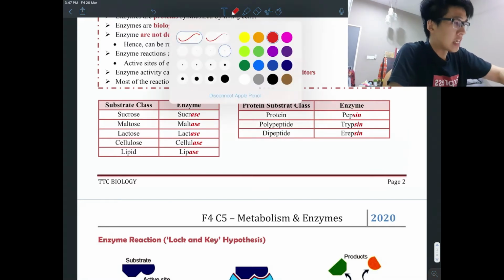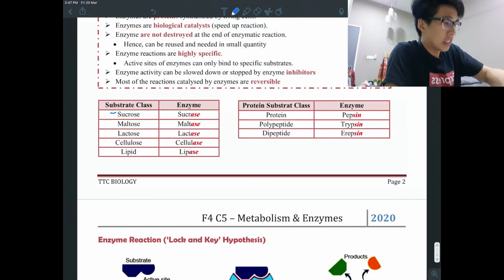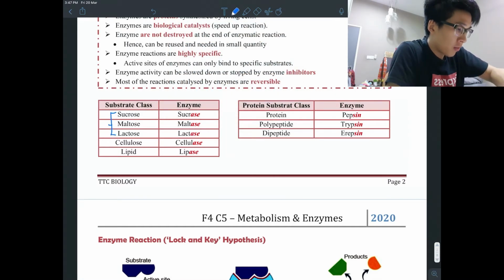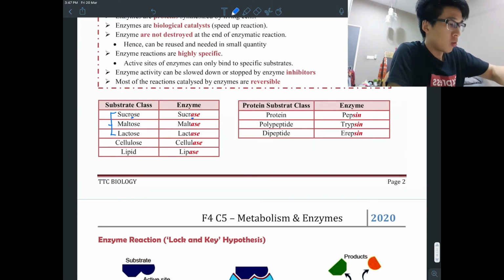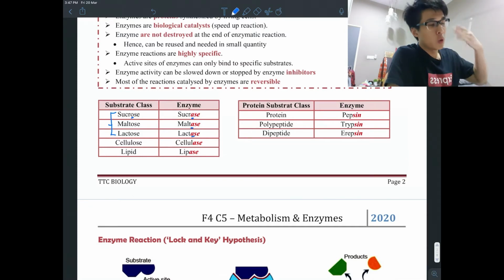So now just roughly remember, especially the disaccharides. Remember in chapter 4 we learned about the disaccharides. To digest each of them, the enzyme name just changes the O to A. So sucrose's enzyme is sucrase, maltose is maltase, lactose is lactase. Cellulose is digested by cellulase, and as we mentioned, lipid is digested by lipase.